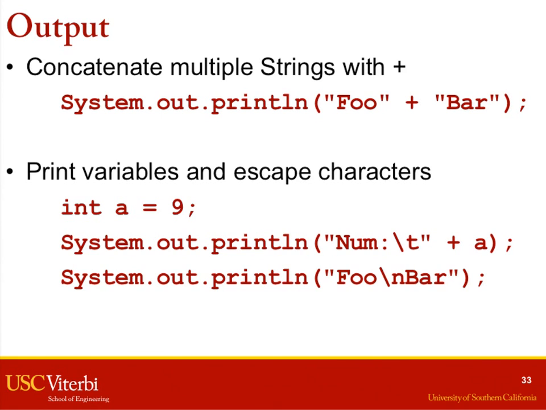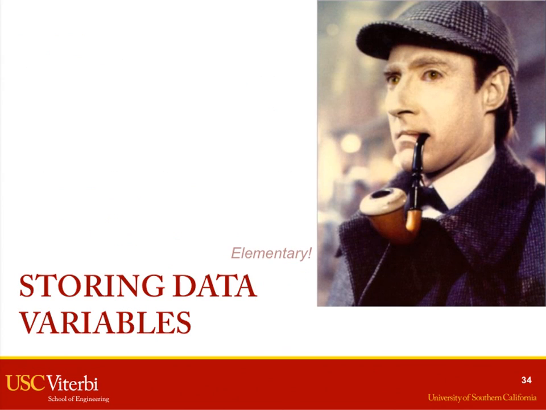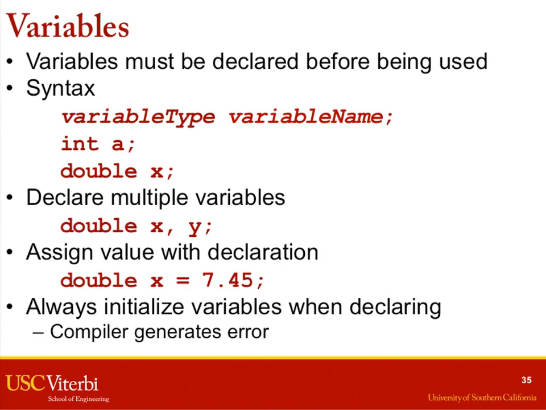There are other ones. Notice that the backslash is used to say it's an escape character. So if you actually want to print a backslash, what do you think you have to do? Two backslashes. There you go. Aren't they cute? We have a little bit of fun in making slides.